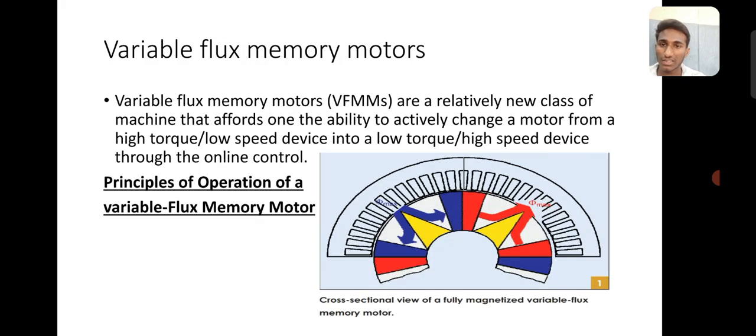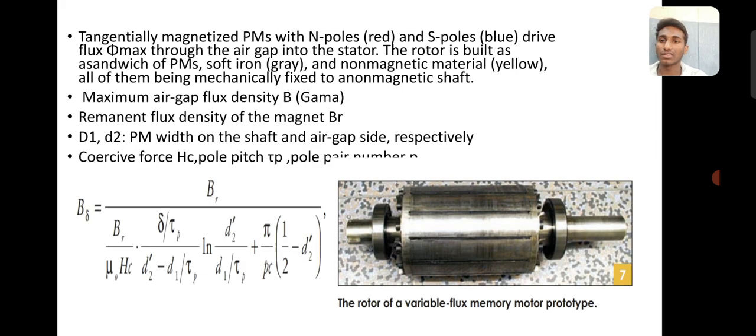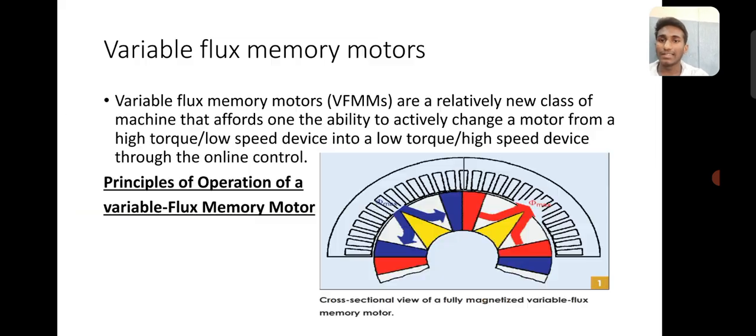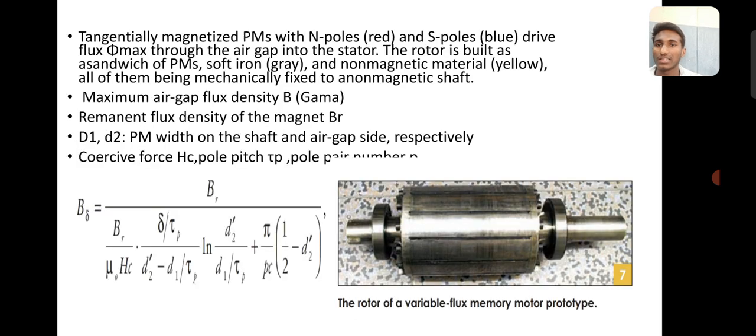These are the materials fixed in the memory motor, which works under online control: non-magnetic material as yellow, soft iron as gray, S poles as blue and N poles as red.